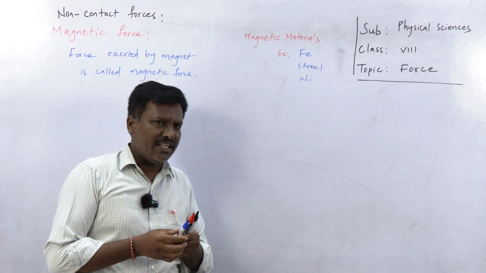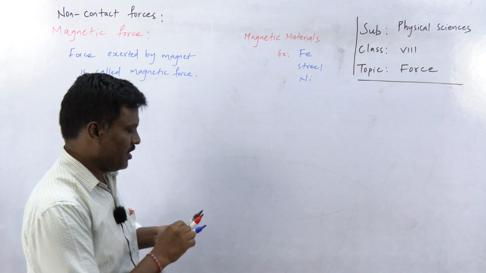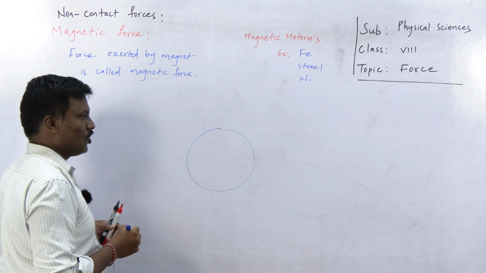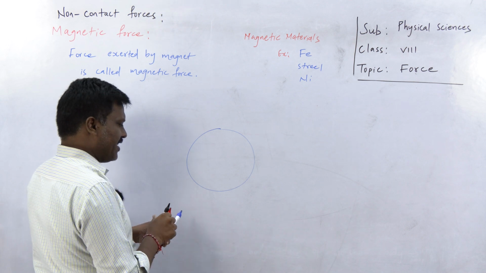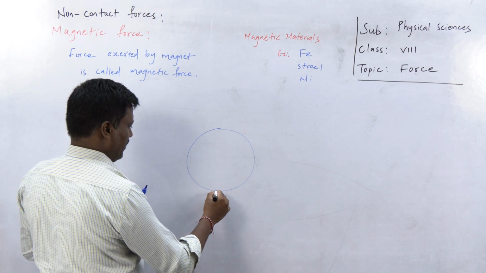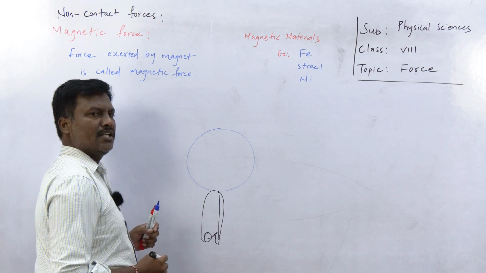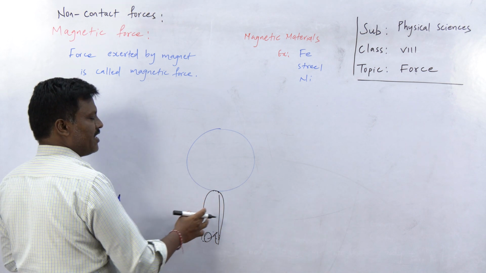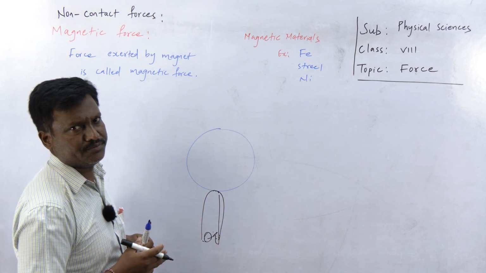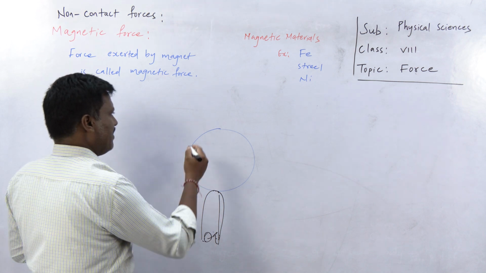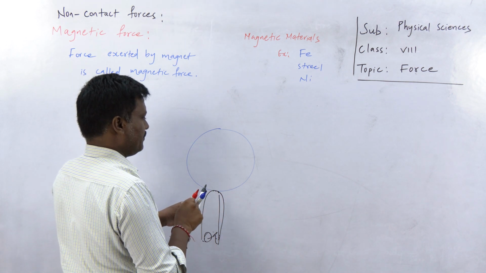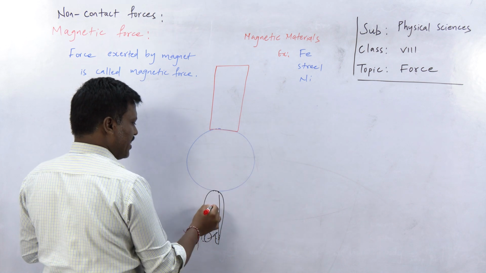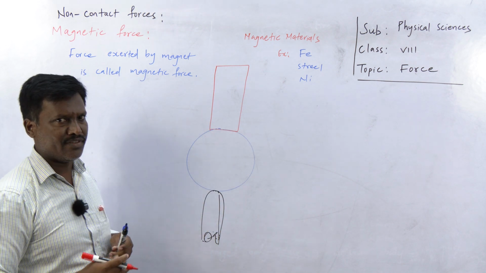I hope you have seen the previous experiment. We took one coin, and there is a safety pin below the coin. Initially this coin and the safety pin do not attract each other, but when we kept a bar magnet on the coin, then this coin was able to attract the safety pin.